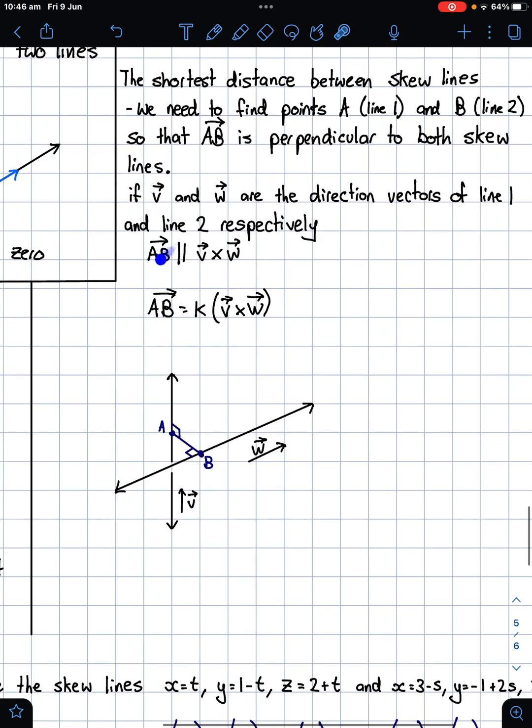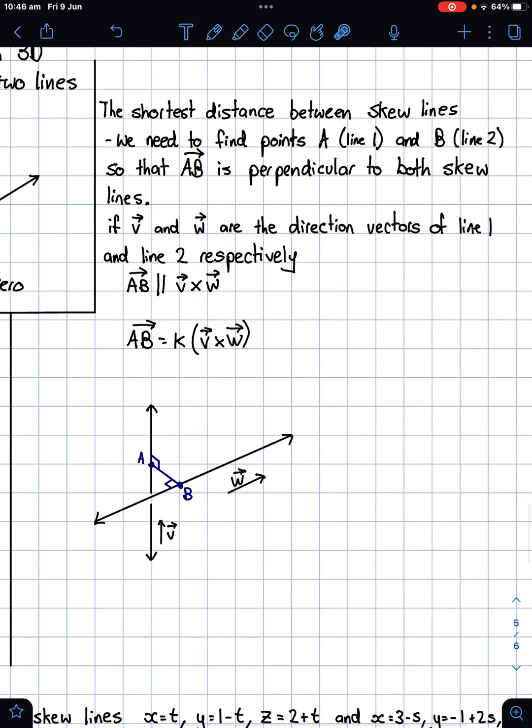If we want A and B, we want to find this AB line. If we find the cross product of V and W, that gives us a vector perpendicular to both, so AB is going to be parallel to the cross product of these. AB is going to be a scalar multiple of this.